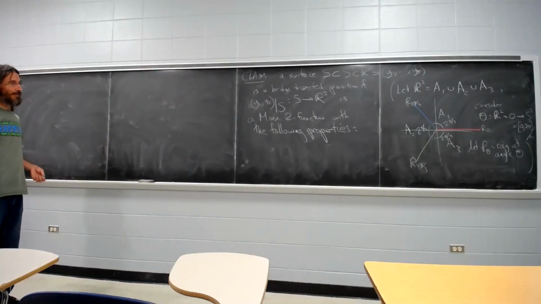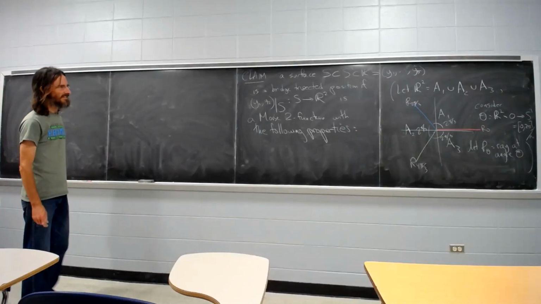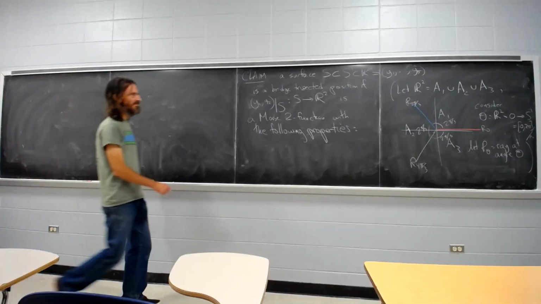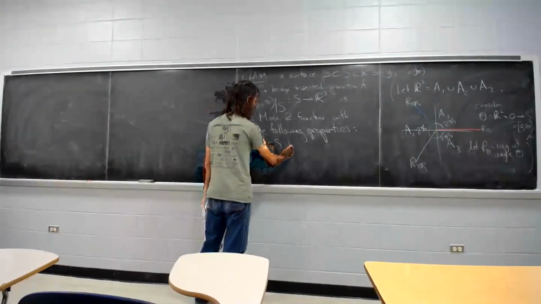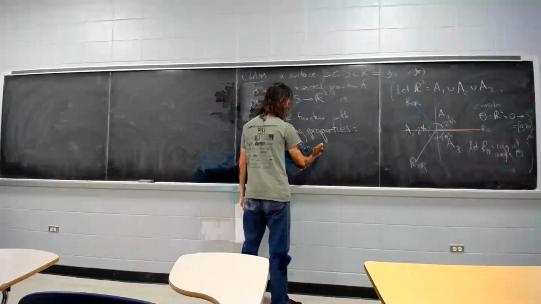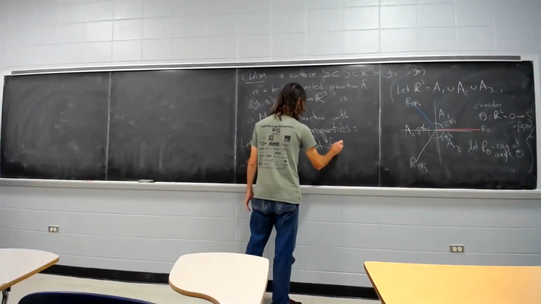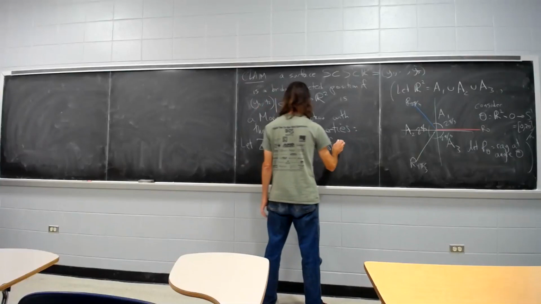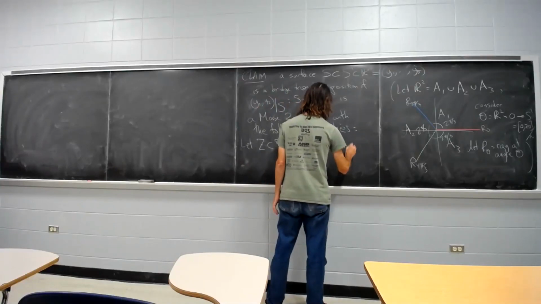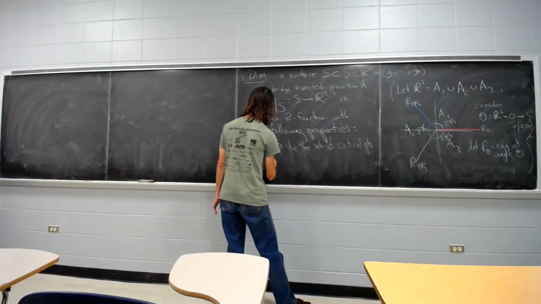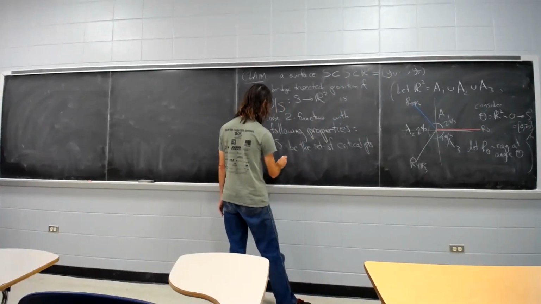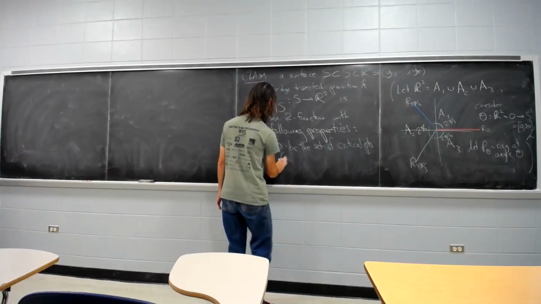Okay, the first, let's see, maybe let's just do convenience. Let Z be the set of critical points of this function, let's just call this function f.